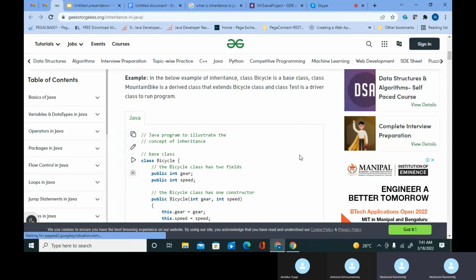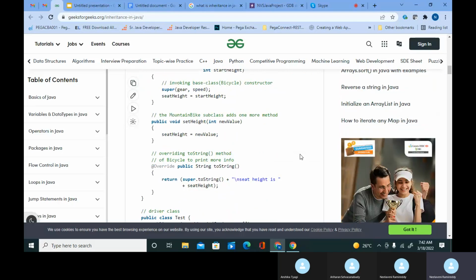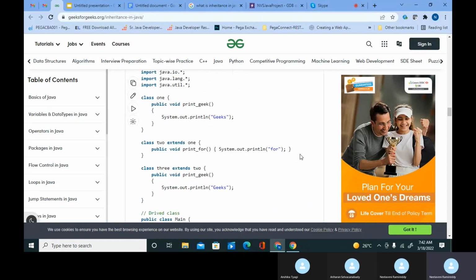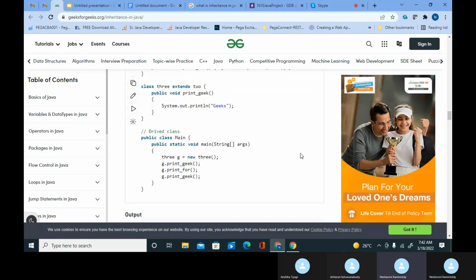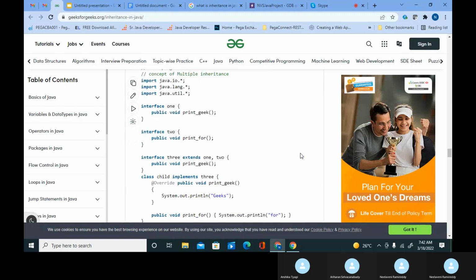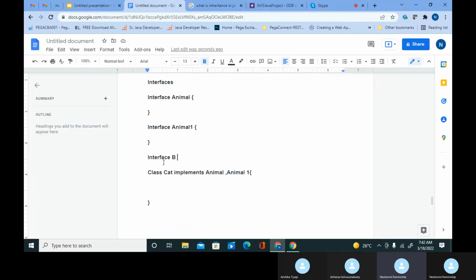I want to give an interface example. So an interface can extend more than one interface, like animal, comma, animal two, also one also. This is what happened here.